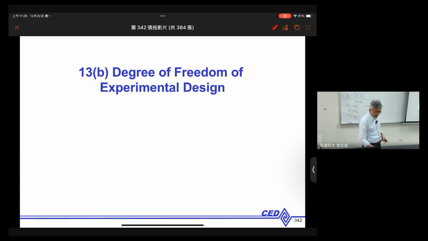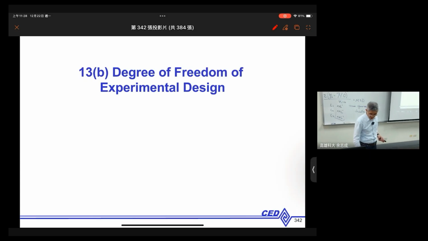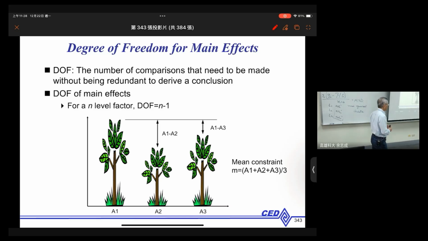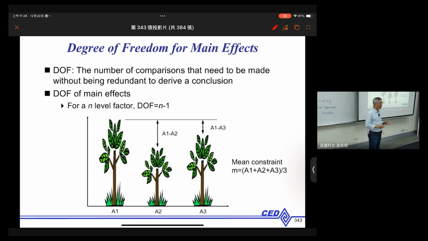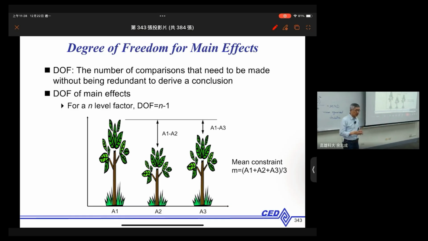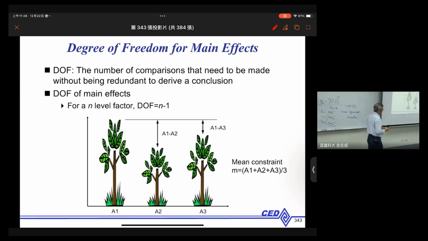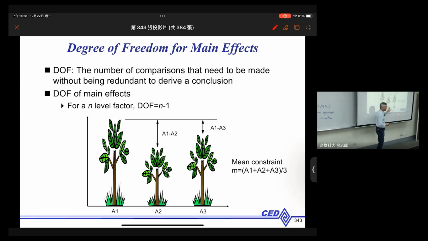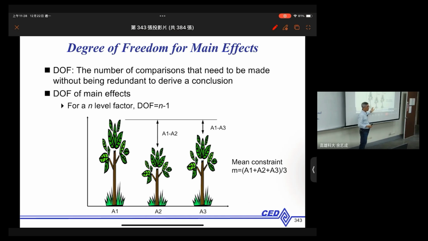I will introduce the degree of freedom for each experimental design, which is how many independent variables there are in each control factor or in each effect. Assume we have 3 trees. We want to find out which tree is the tallest, similar to our experimental design.